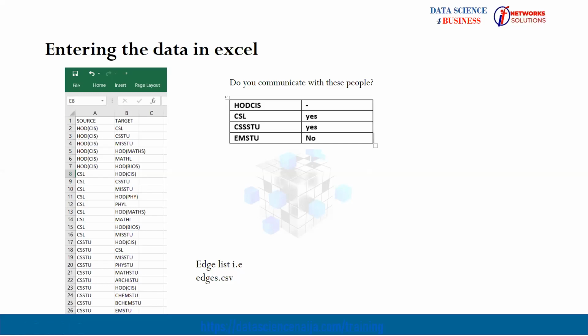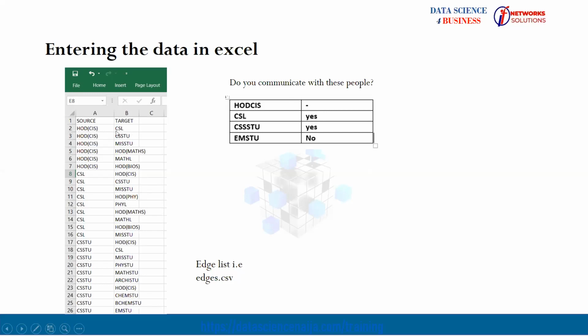he communicates with another person. So assuming this HOD person, which has no response here because it's the one that is filling the questionnaire, is the source. Then the target will now be this CSL person. Because he said he communicates with this particular CSL person, that means that this number 2 here can be created.